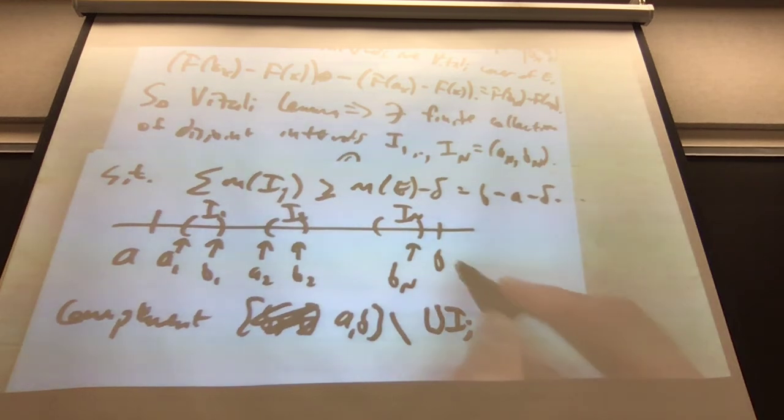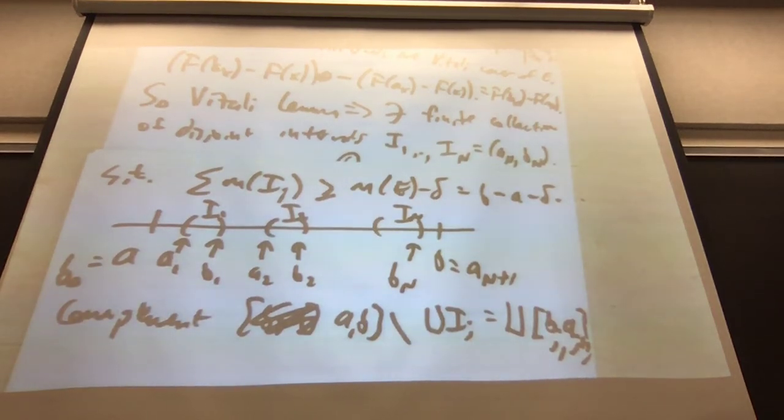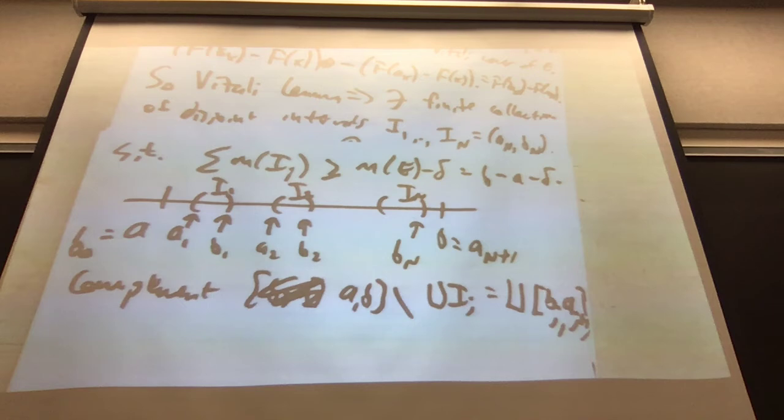And let's call b equal to an plus 1, and let's call a equal to b0, so that we can keep this uniform. Okay? So now we're done, I claim. Let's see why. Let's put all of this together.